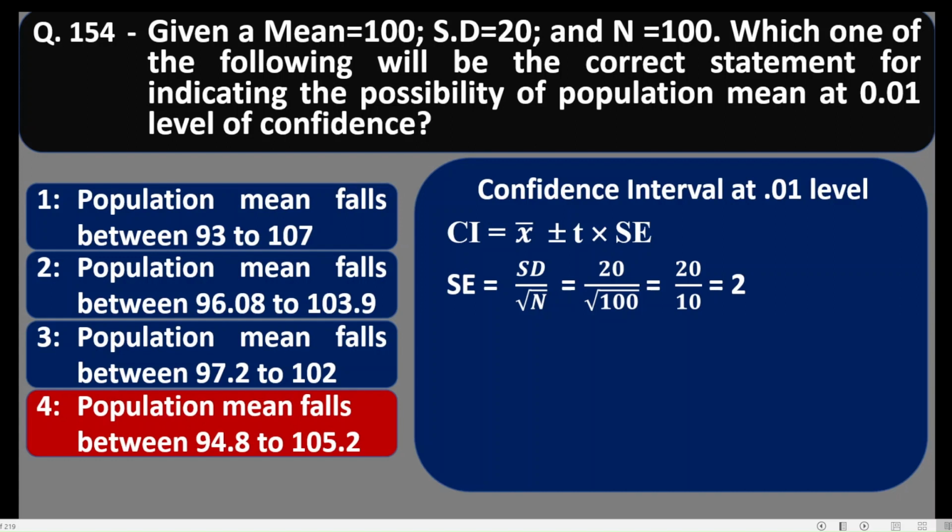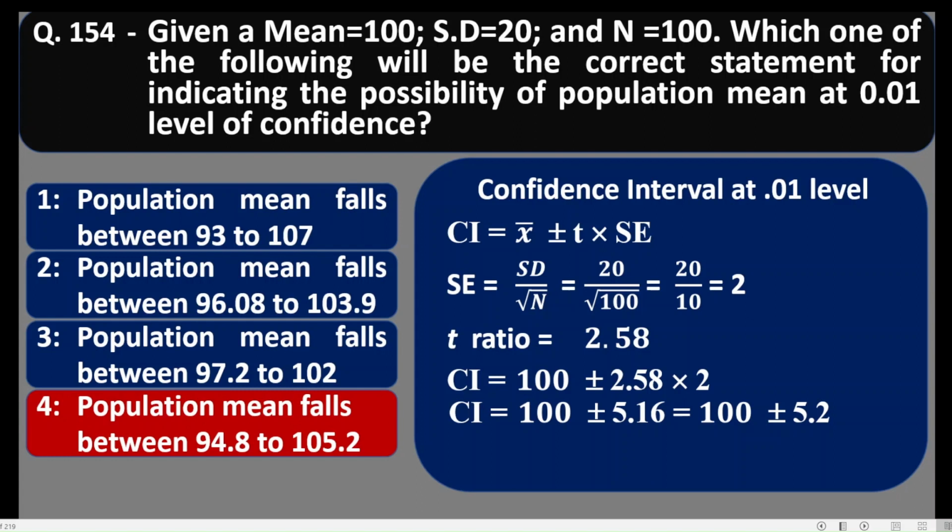And t value at 0.01 level is taken as 2.58 on the basis of the table of t ratio. Now putting all these values, we get CI, confidence interval, equals 100, that is mean, plus minus 2.58, that is t value, into 2, that is standard error. By solving this, we will get CI equals 94.8 to 105.2.